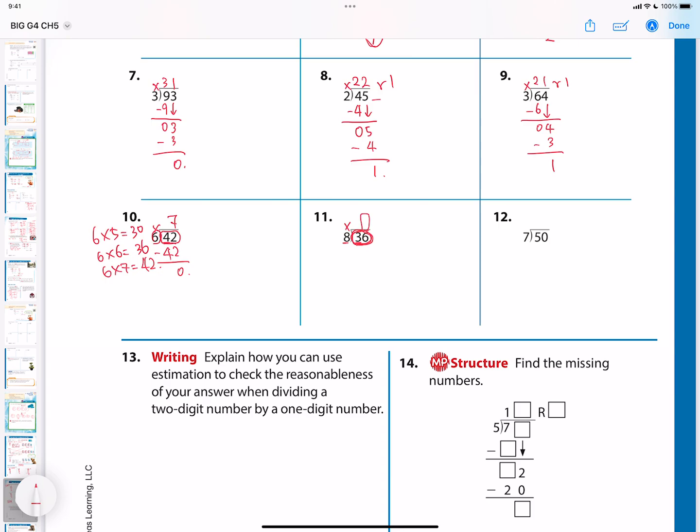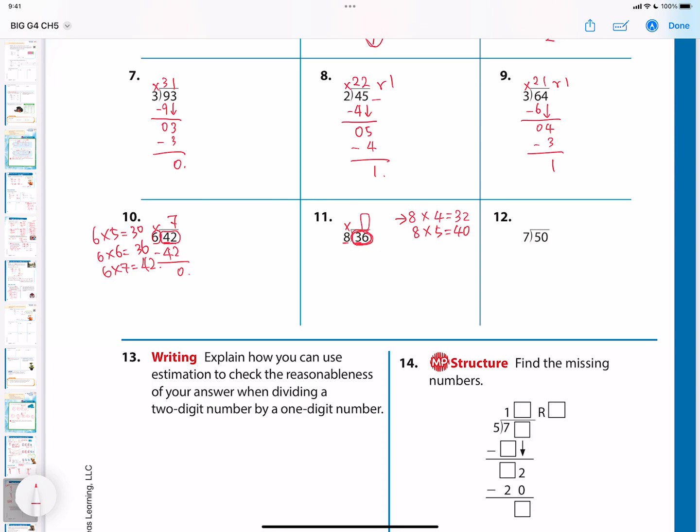Since we know 8 times 5 is 40, we need to bring it down a little bit, right? So 8 times 4 is 32. This 36 is between 32 and 40. We need to use 4, because we have only 36 cookies to divide. We don't have 40.